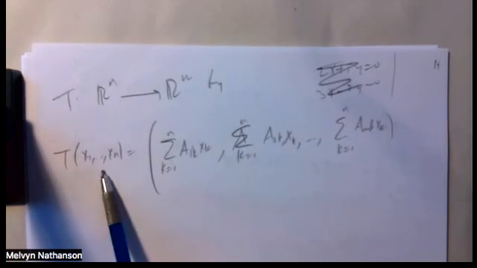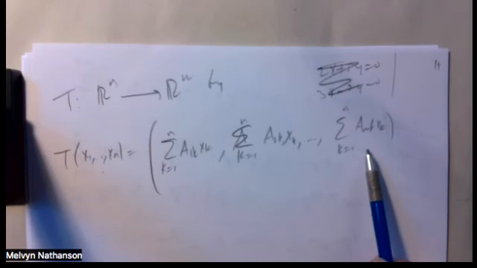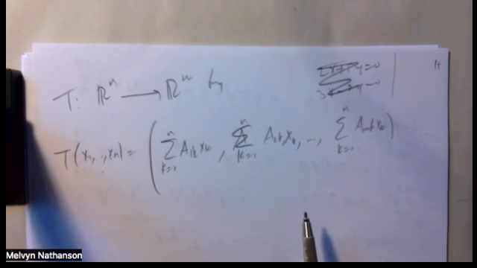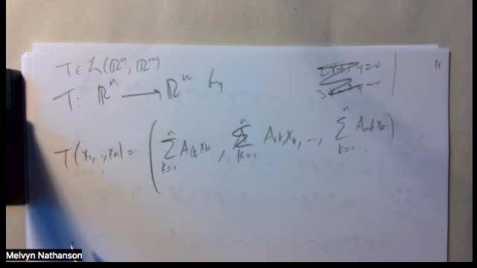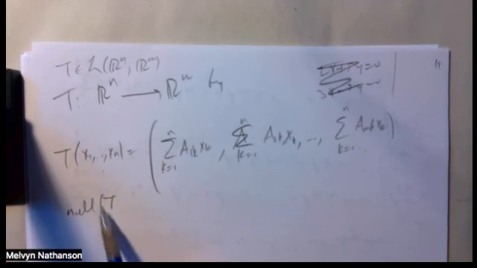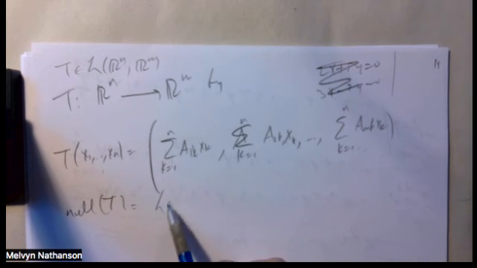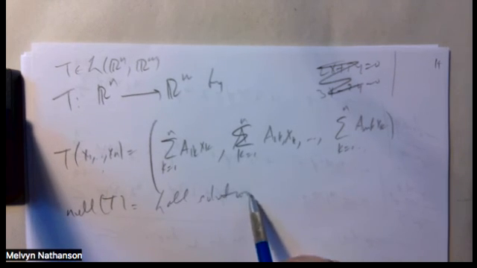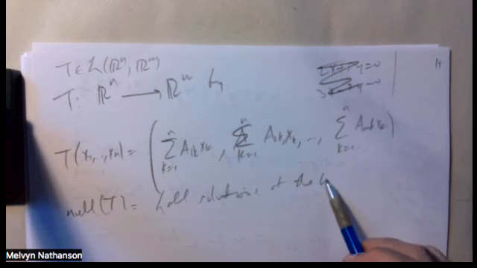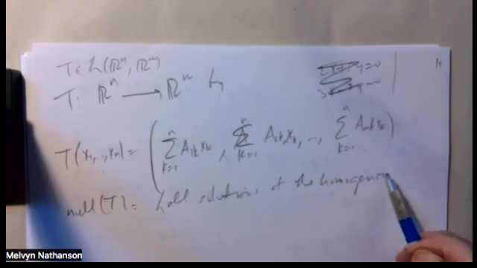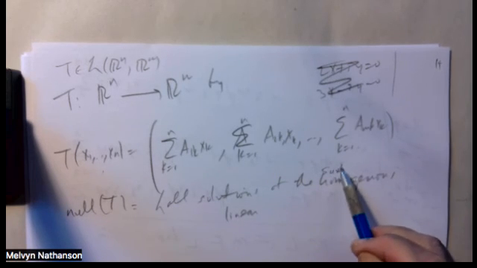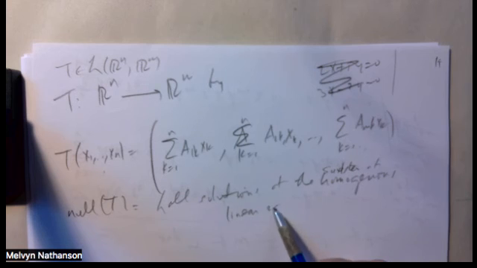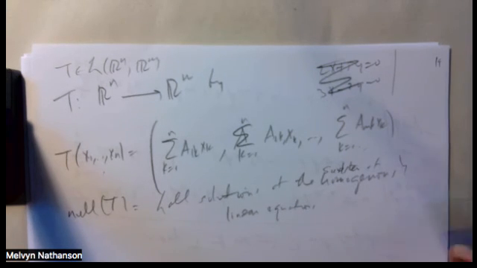So for every vector in n space, we get some vector in m space. And this is a linear map from Rn to Rm. And the null space of T is the set of all solutions of the homogeneous system of linear equations we just looked at.